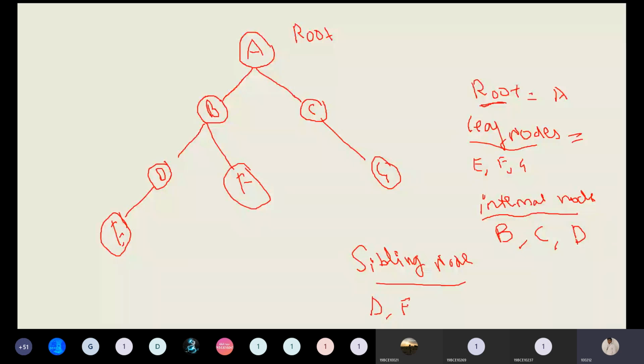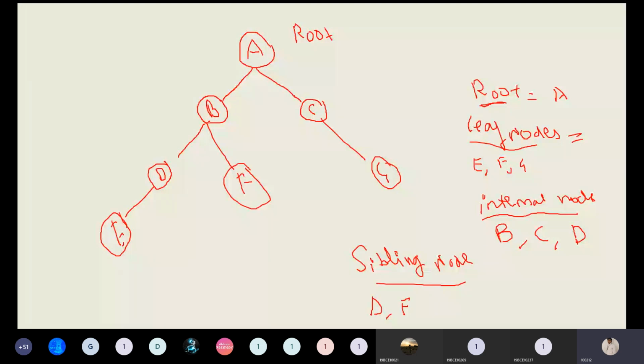C just has one child, and there is no brother or sister of this node. And B has two children. So D has its brother or sister, that is F, and vice versa, F has its brother or sister. So D and F both are sibling nodes.